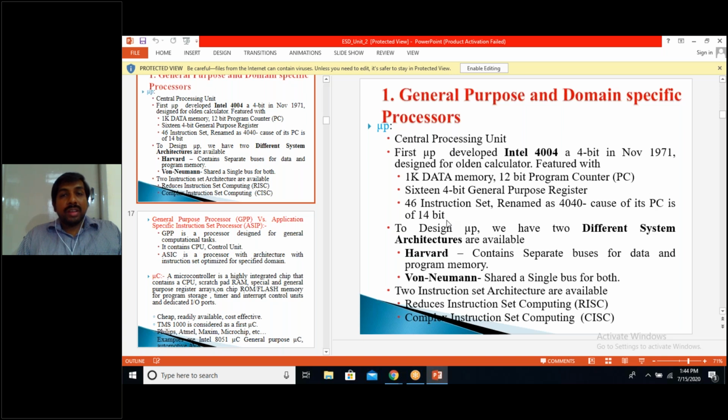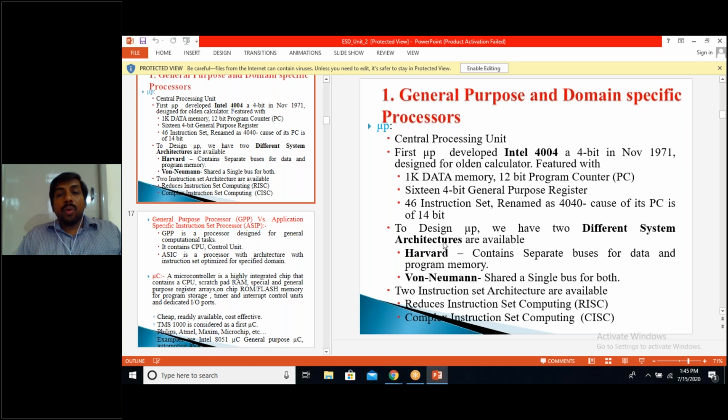Later on, it is second generation, third generation, and fourth generation. So fourth generation are your missile systems, because such applications can be implemented. First generation is the electronic toys. So like that, based upon the complexity of the embedded system, they are classified into different generations, and also they are classified as small scale, medium scale, and large scale.